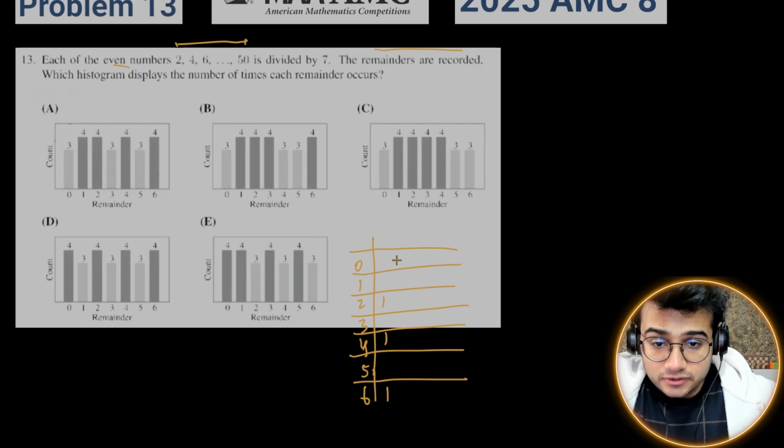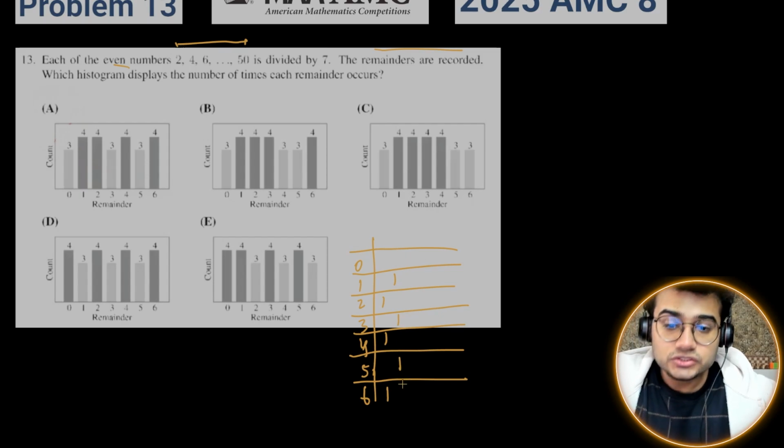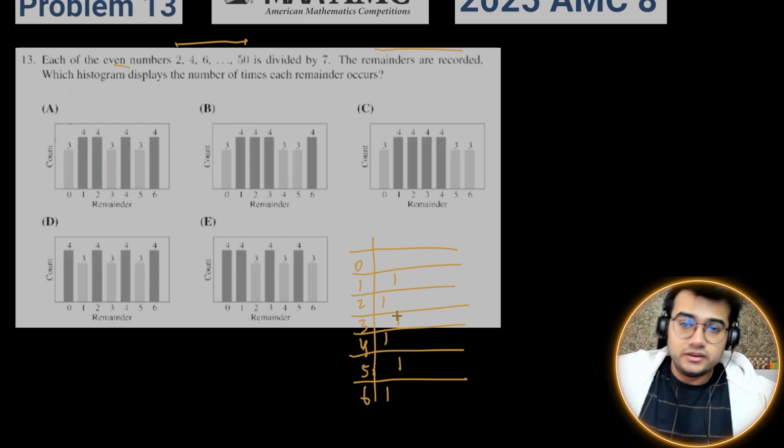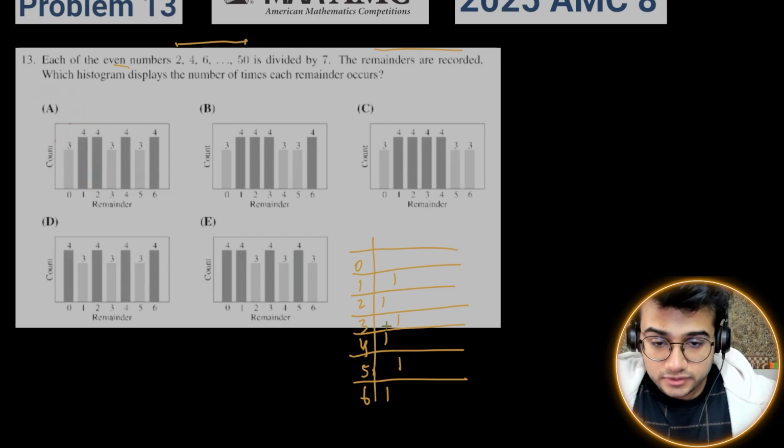Now 7 is going to be in 0, and 8 is going to be in 1. 9, 10 is going to be in 3, 11, 12. So I don't have to find the remainders for each of the numbers separately. I can just count in evens and then skip one remainder class every single time and keep going in a cycle.